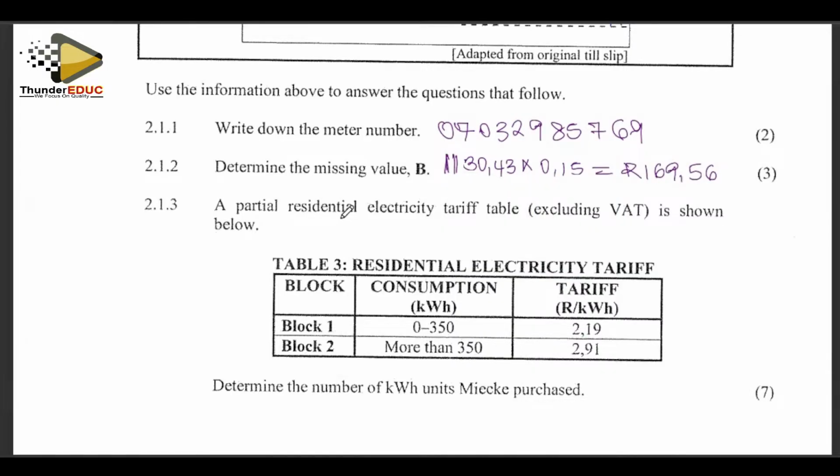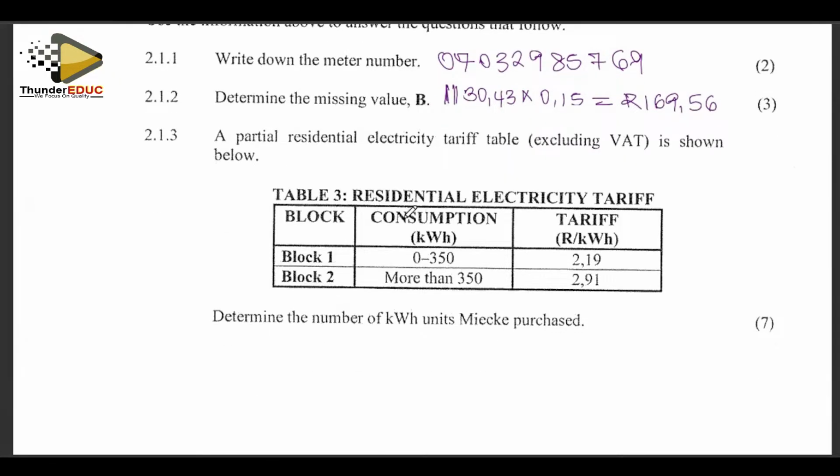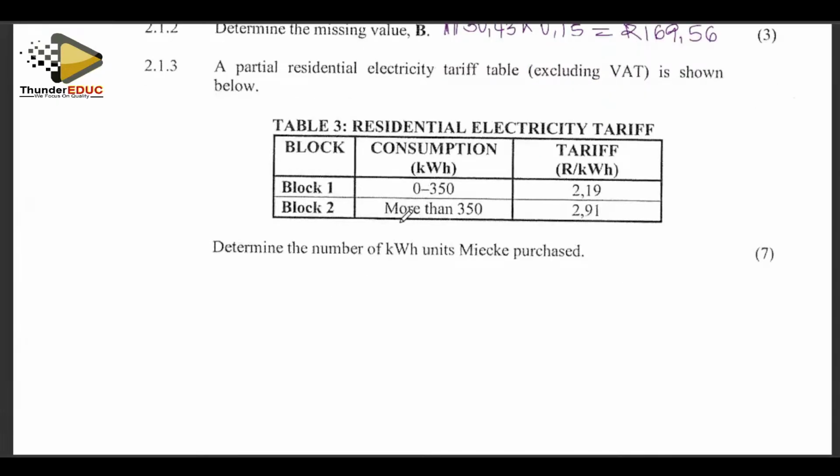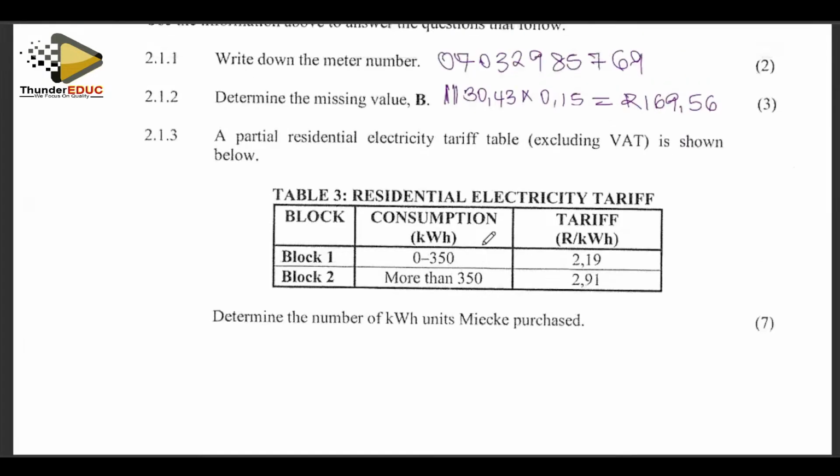A partial residential electricity tariff table, excluding VAT, is shown below. Now they're asking us to determine the number of kilowatts, which are the units Maki purchased. First and foremost, for each block, block number 1, what is the maximum? 350. If you use 350, how much do you pay?